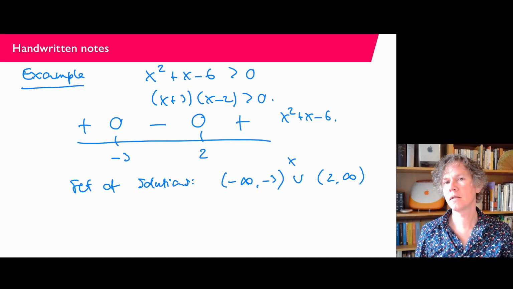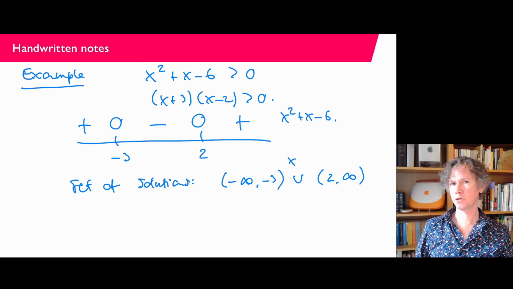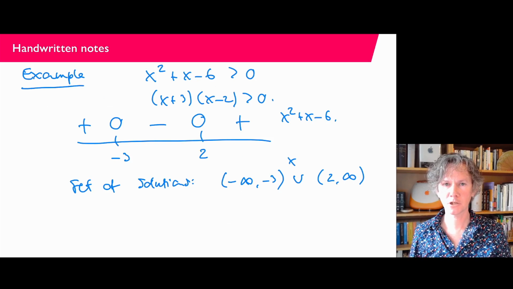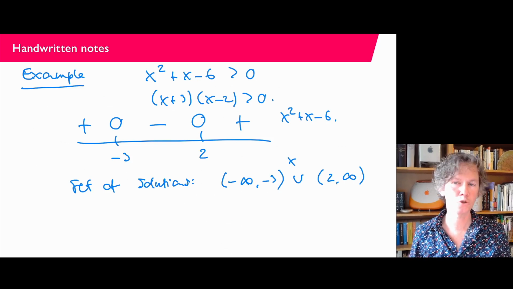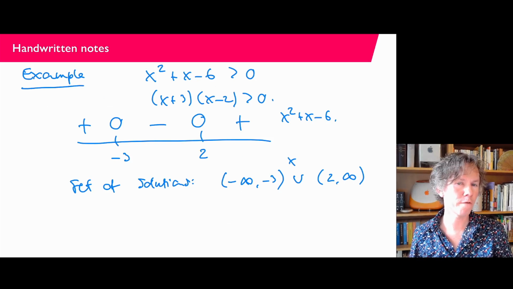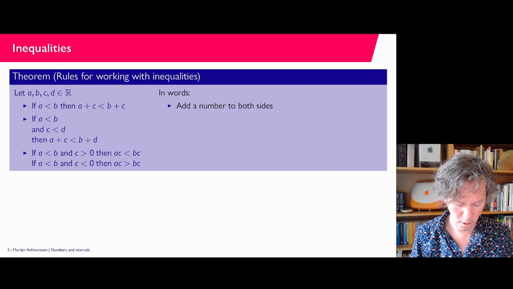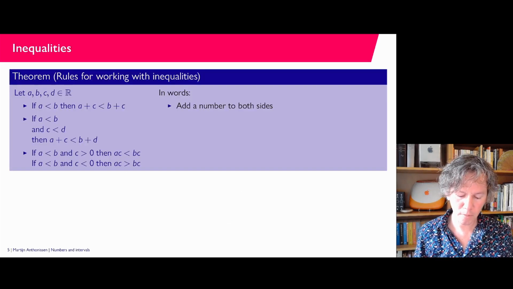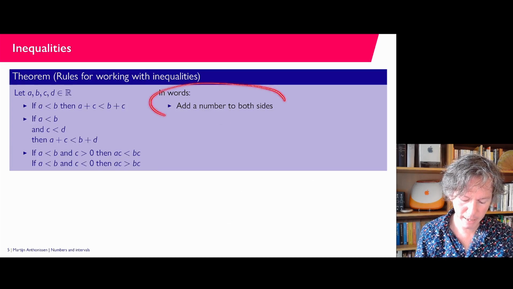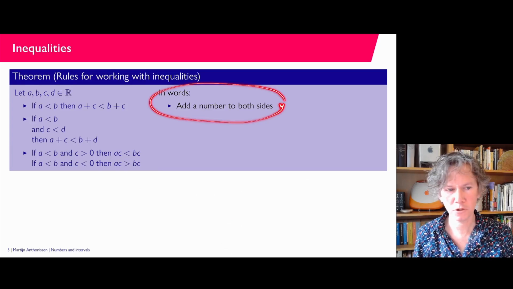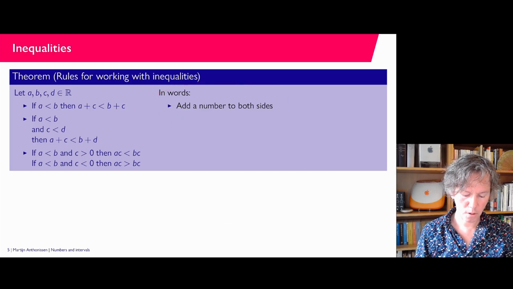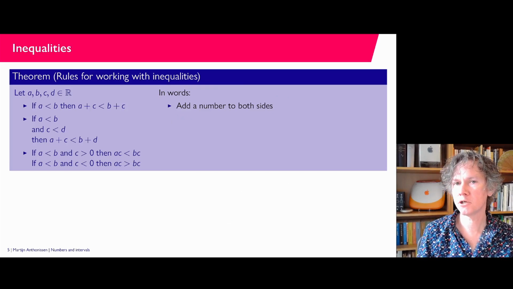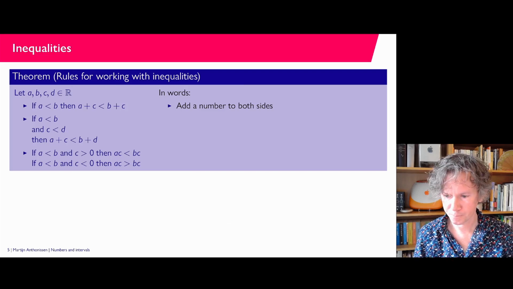Now, let's see what we actually used while we were doing this. So that is formulated as a theorem here, but I first wanted to show you some examples so that you know what the theorem is about, what it really says. So here is a theorem, and let's go through it line by line. And here in black, I put the interpretation of what this formula says. So rules for working with inequalities, basically a kind of justification of what we have just been doing.